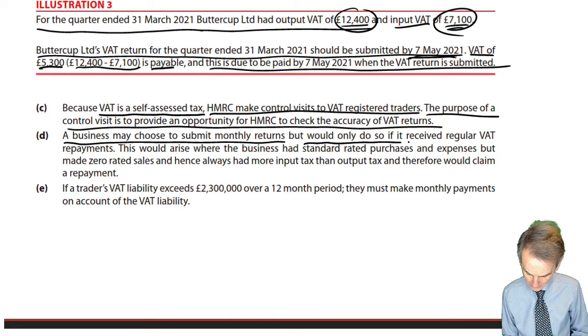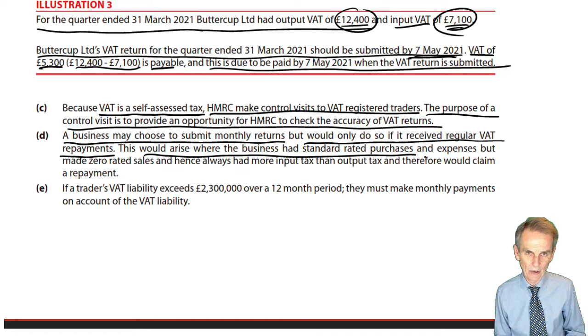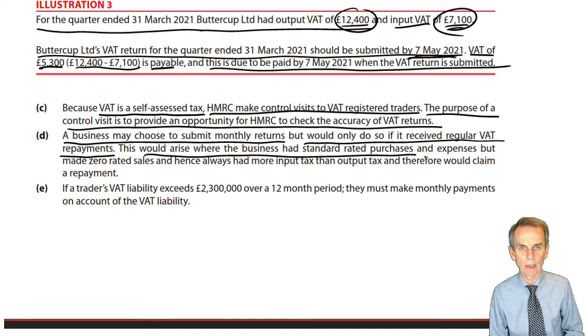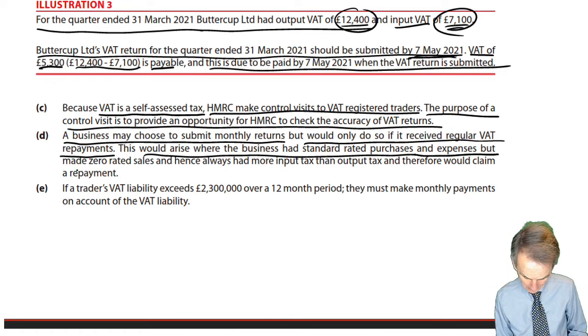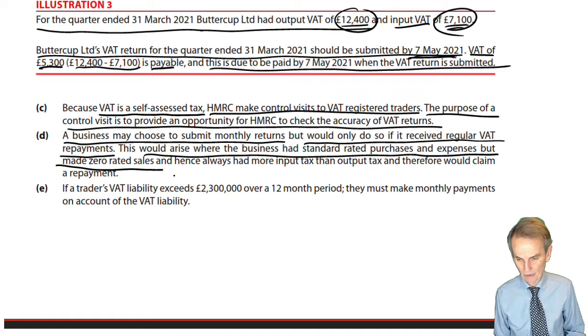We'd only do so if it received regular VAT repayments. This would arise where the business has standard rated purchases and expenses that we incur, so we suffer input VAT, but we make 0 rated sales. Remember, not exempt sales. If we made exempt supplies, then we cannot register for VAT, we cannot recover input VAT.